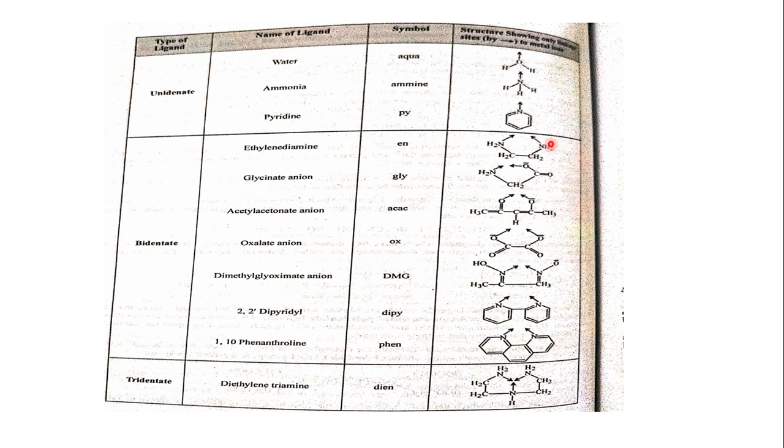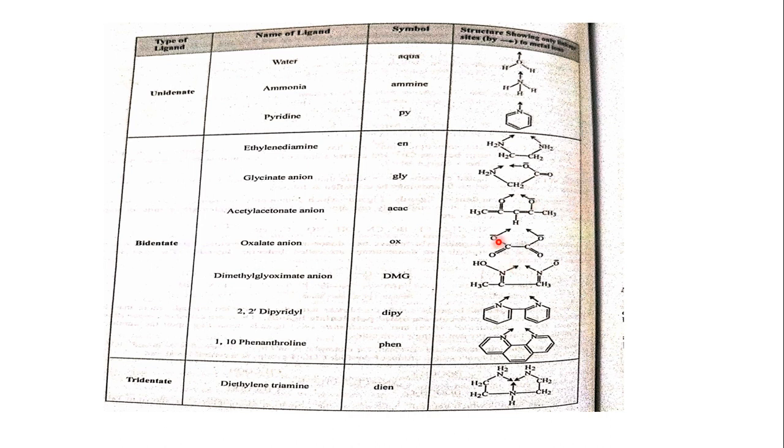So in each of these structures, in the first one, ethylene diamine, you have two nitrogens. So these two nitrogens are the atoms which are going to donate its electrons. In the glycinate ion, you have a nitrogen donor atom and an oxygen donor atom. Coming to acetyl acetonate anion, you have two oxygens which can donate the electrons.